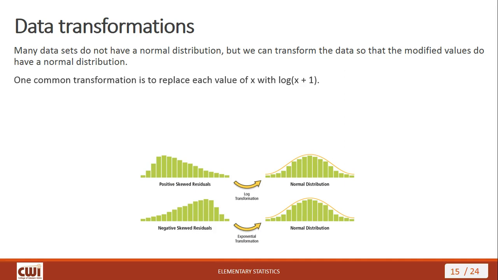And we add 1 to the x before taking the logarithm, because very often in real world data sets, one of our data values for our random variable x is 0. And if you take the logarithm of 0, you get an undefined result. So we don't want that to bung up the works, so to speak. So we just go ahead and add 1 to each of our data values, and then taking the logarithm is no problem.